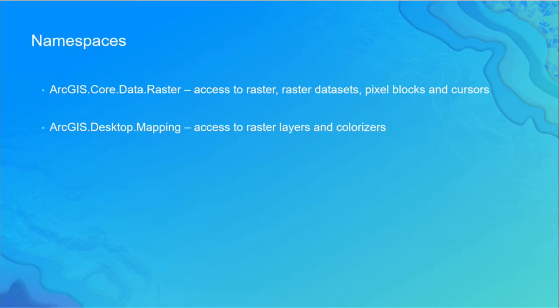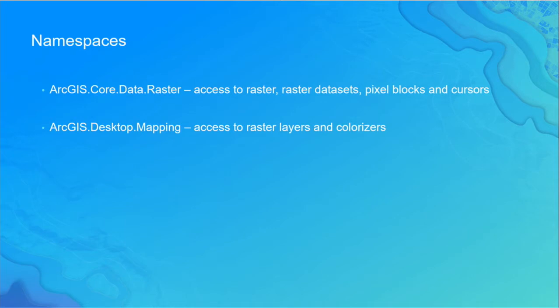From a very high level point of view, there are essentially two namespaces if you're dealing with rasters. There's the core data Raster API or namespace that is hosting the classes for raster datasets, pixel block, and cursors. So directly go to the source of the matter.